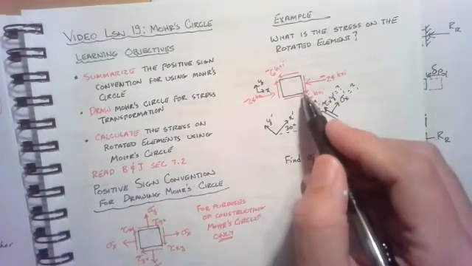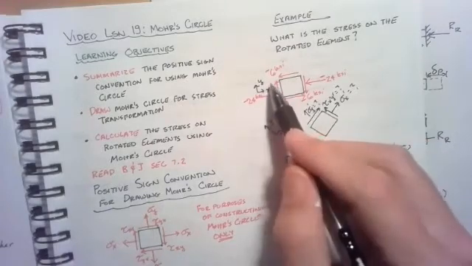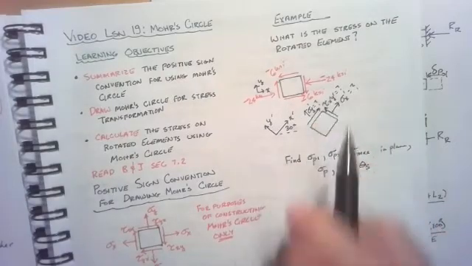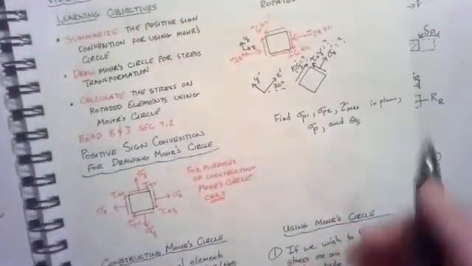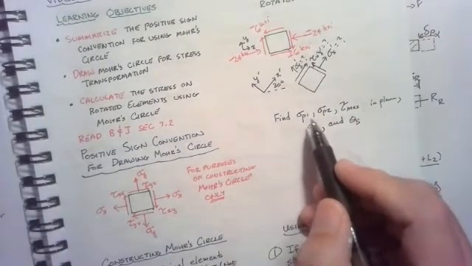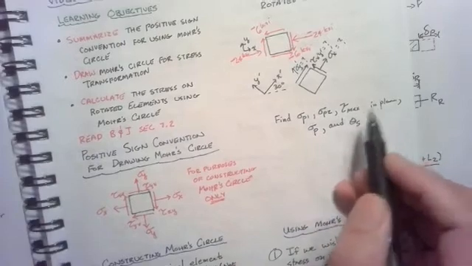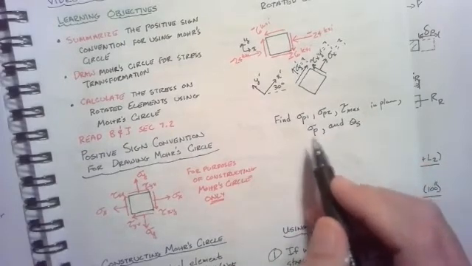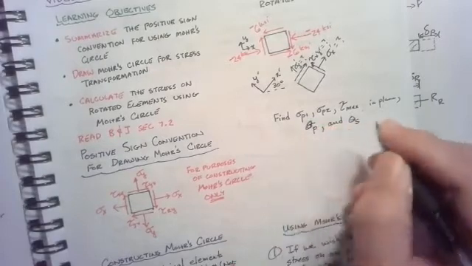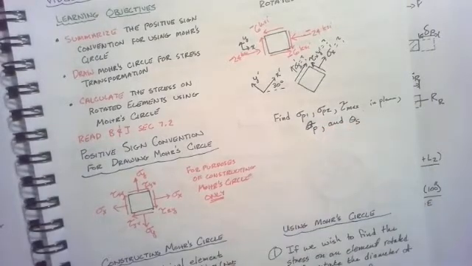Because these 2 arrows are coming together at the bottom right-hand corner and top left-hand corner. And then I want to find all of the quantities I would have wanted in the last lesson: sigma p1, sigma p2, tau max in plane, and theta p and theta s, the principal angles and the shear angles.